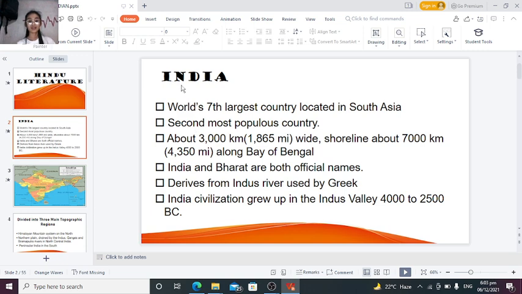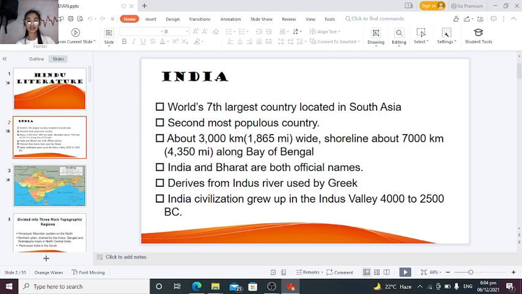India is the seventh largest country located in South Asia and the second most populous country. India is about 3,000 kilometers wide, with a shoreline of about 7,000 kilometers along the Bay of Bengal.